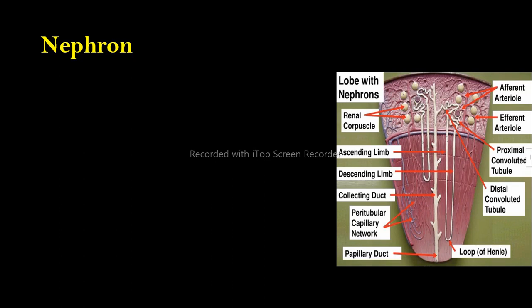How we saw in the liver, the liver lobules, they are the functional unit of the liver. So also here, the nephron is the functional unit of the kidney, because they are the ones which carry out the real excretion.